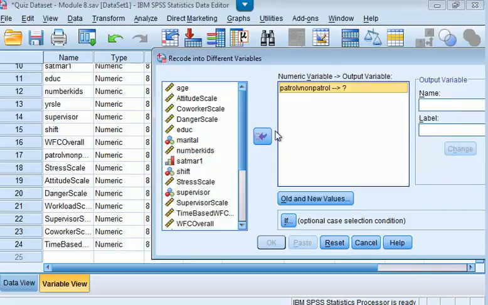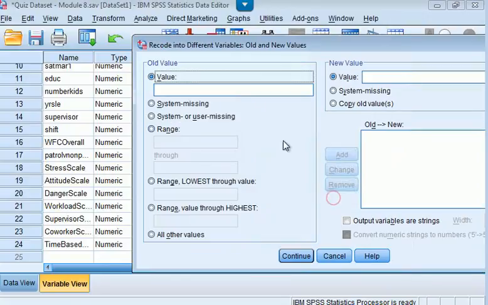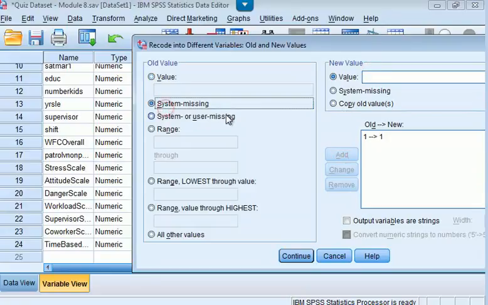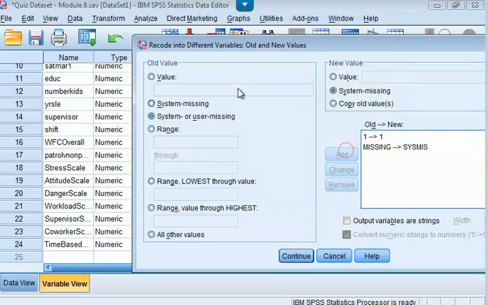And you find that here. Then change the old and new values: 1 is staying 1. Remember to go ahead and add system or user missing and system missing.